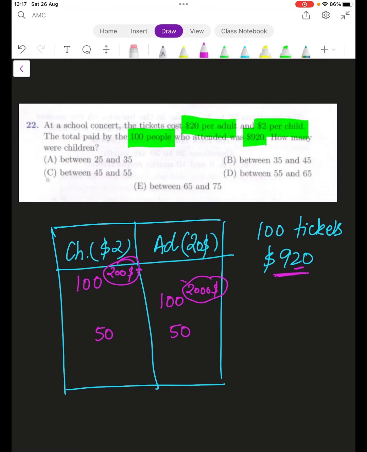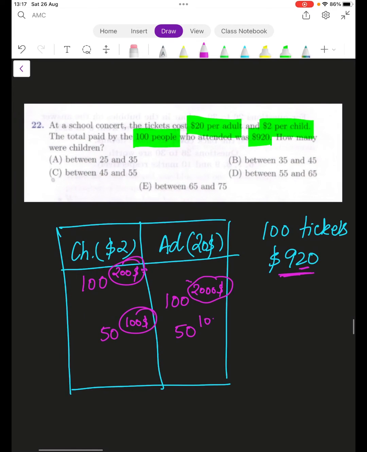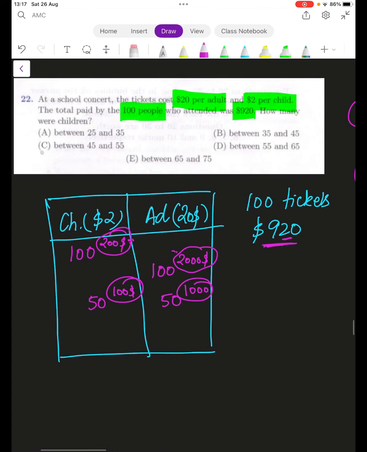So let's see, if they bought 50 children and 50 adults. So 50 children will be $100 and 50 adults would be $1,000, and together that is $1,100, which is still above. That means now I need to reduce the number of adult tickets, because adult tickets are costing more.